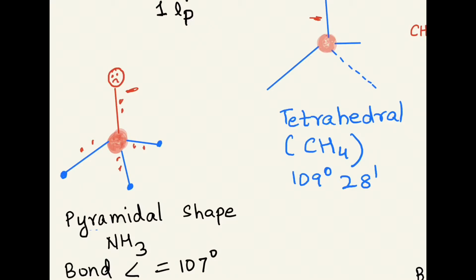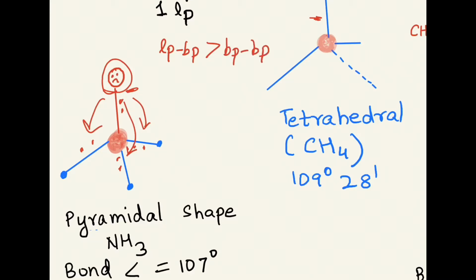If you talk in terms of hybridization, it's again sp3 hybridization. But here we have the grumpy Mr. Lone Pair who tries to push the bond pairs of electrons away from itself. We saw that lone pair-bond pair repulsion is greater than bond pair-bond pair repulsion. So they get closer to each other.